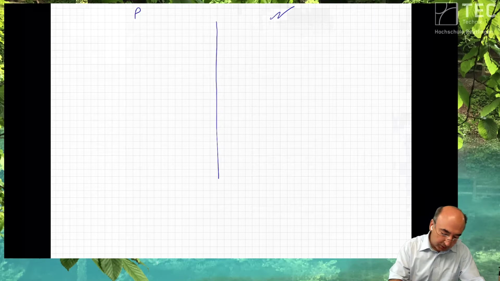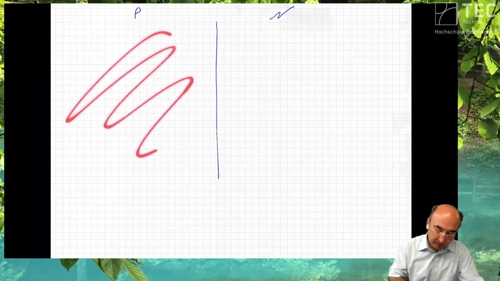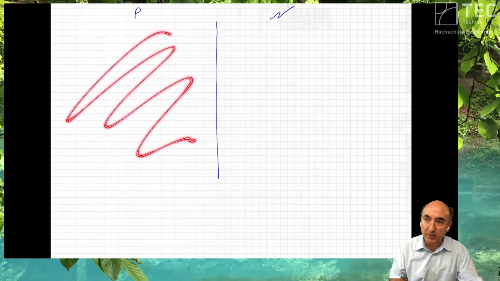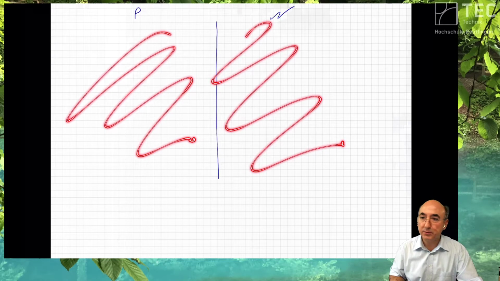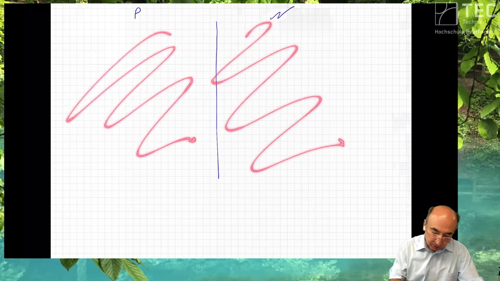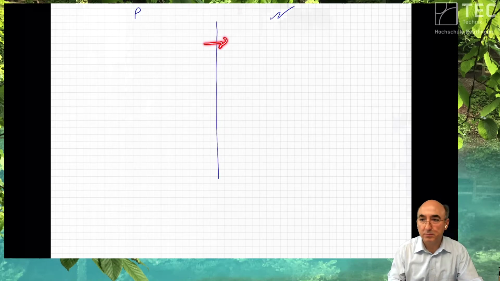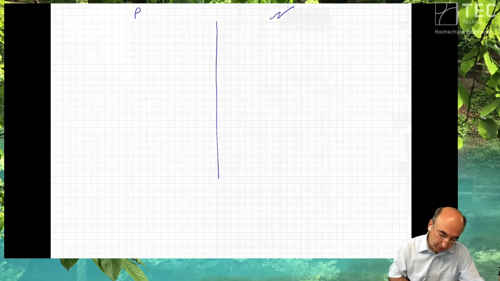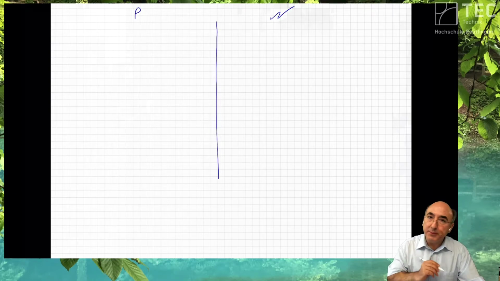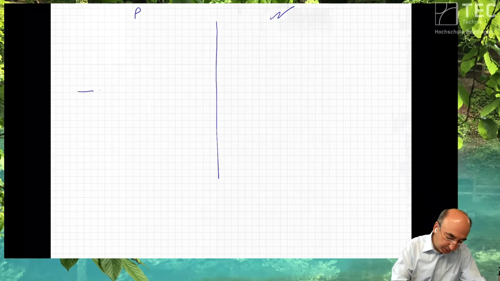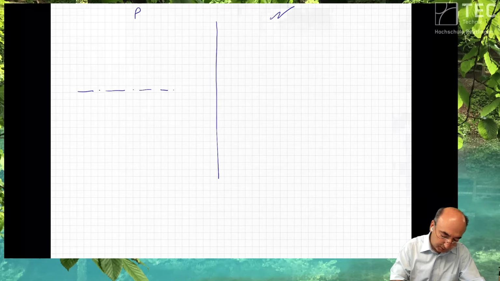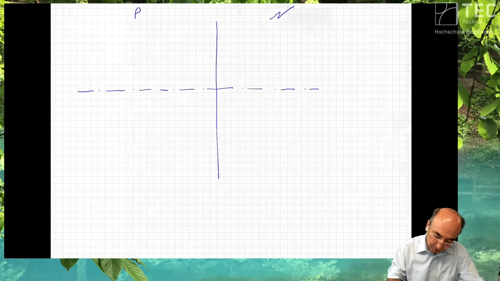So the concentration in this area is constant for p-type, so boron, and the concentration here is constant, n-type, so phosphorus. And the switch is abrupt. This is the assumption. Okay. We know in the equilibrium, the Fermi level is constant. So we first sketch the Fermi level, E Fermi.